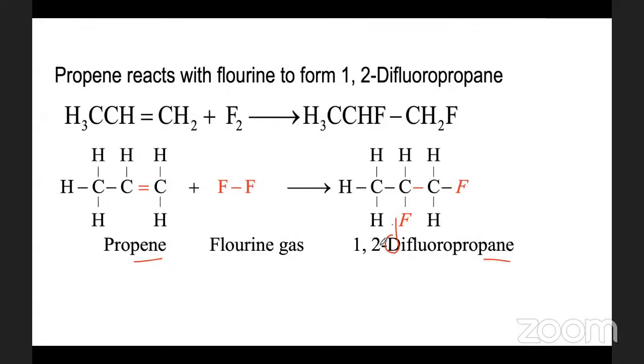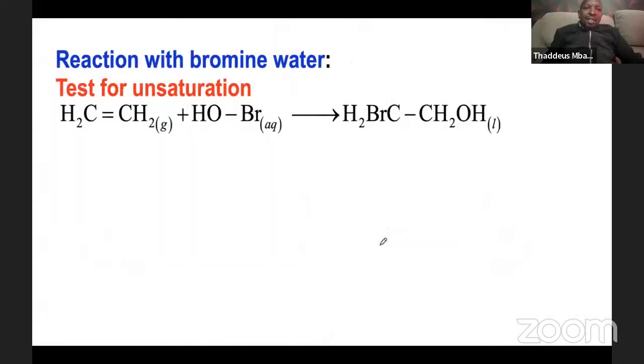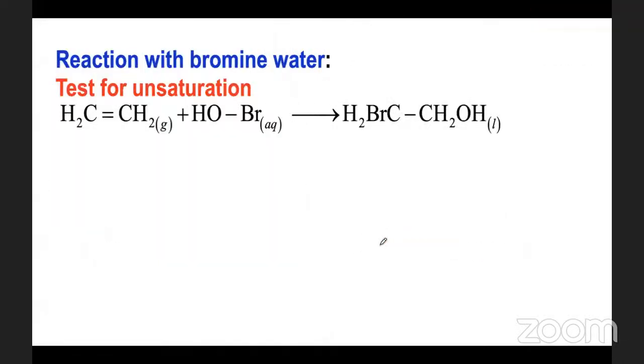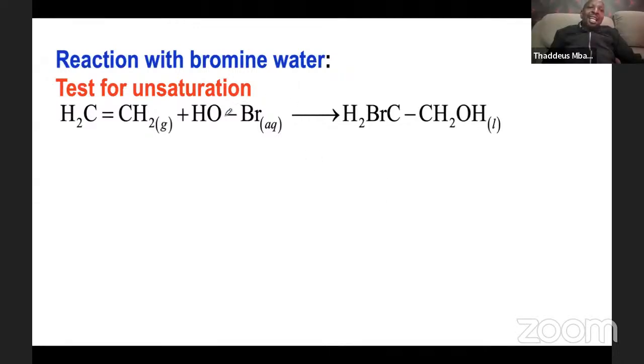Is that correct? Yes. Then with this one, the reaction with bromine water. Bromine water is not HBr, it is HOBr. That is bromine water. So what will happen? HOBr, when it breaks, will give OH and bromine.